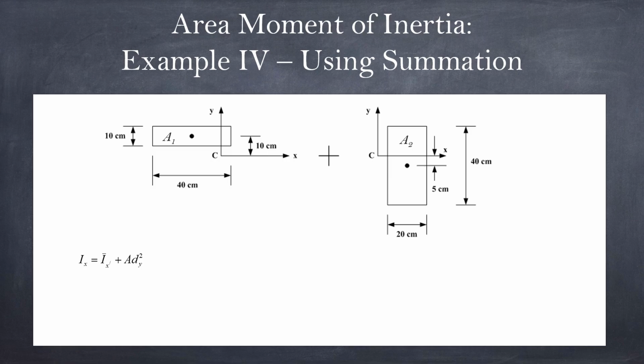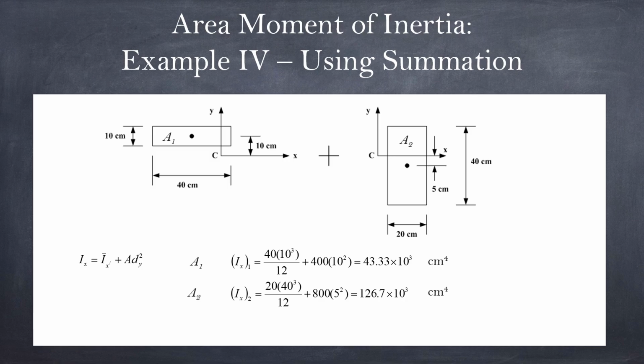We have A1 and A2, so we apply the parallel axis theorem into the equation. We start from A1. We substitute everything according to the distances we need, and then we can calculate the area moment of inertia about the x-axis for area 1. The same goes for area 2.